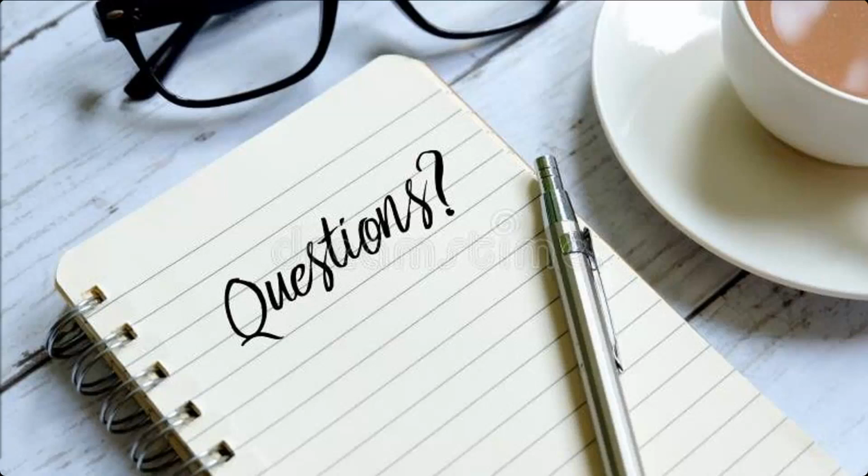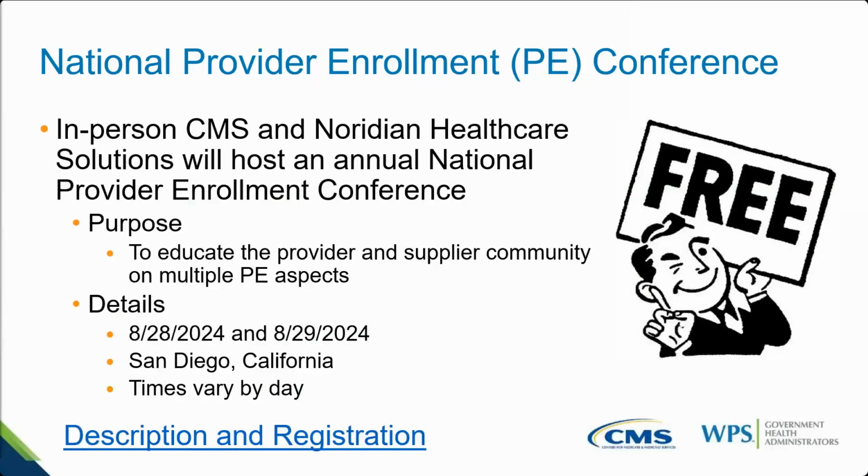Okay, that's the last question that we had so far. All right. Before I wrap things up, I do want to make you aware of something we're pretty excited about. CMS is holding a National Provider Enrollment Conference this year, and they are holding it in person.